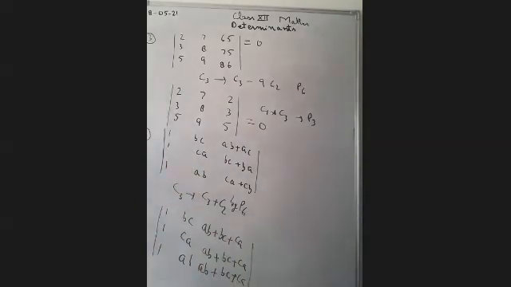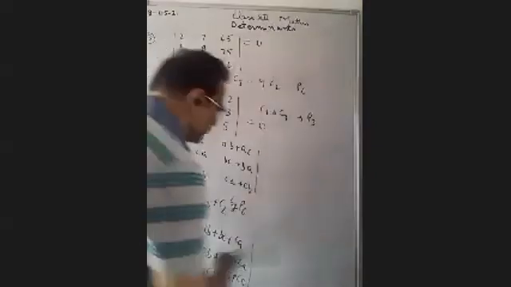Now AB plus BC plus CA we are getting. All terms are the same, so we can take out this AB plus BC plus CA common from this column. So what will we get?